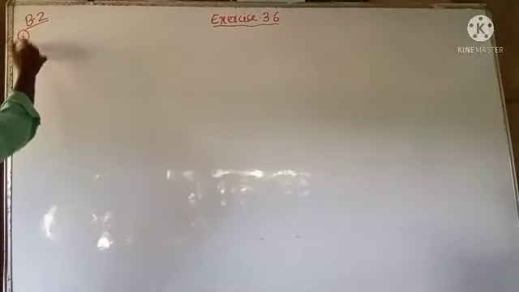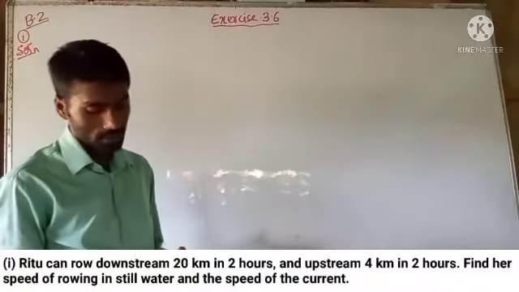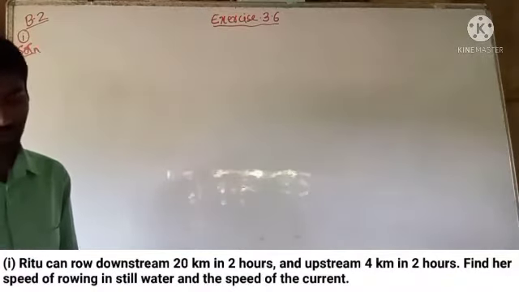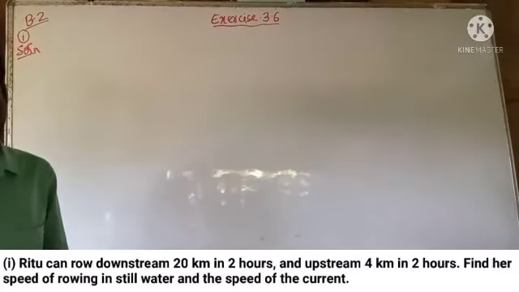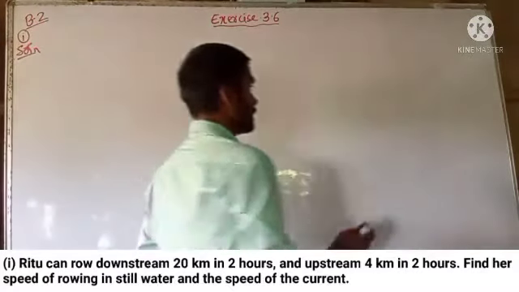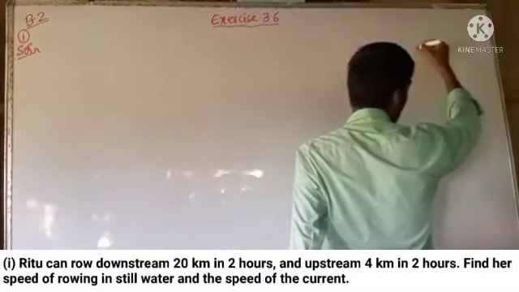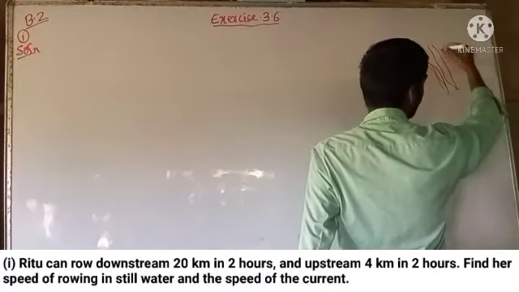So question number B2, option number 1 here: Ritu can row downstream 20 km in 2 hours and upstream 4 km in 2 hours. Find her speed of rowing in still water and the speed of the current. Here it is given that a stream is there and Ritu is rowing on that stream.